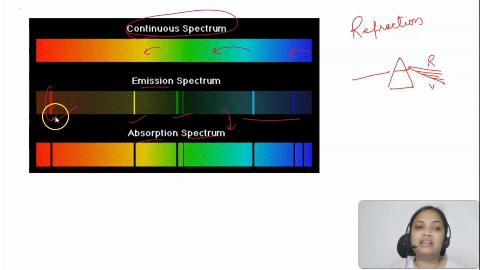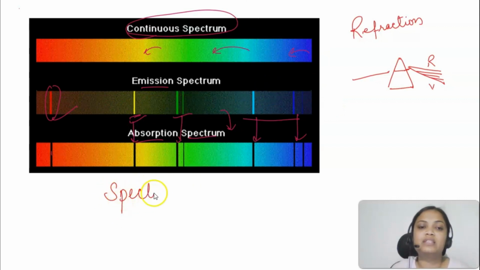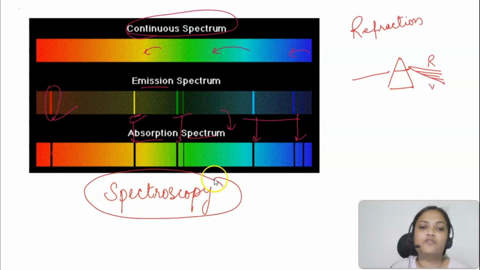Where the radiation has been absorbed, you will get a black line. Here you can see black lines. So that's kind of a photographic negative of the emission spectrum. When we study these light spectra, that is the continuous, emission and absorption spectrum, the study is known as spectroscopy, and it's a very important branch of chemistry, where we study these spectra.